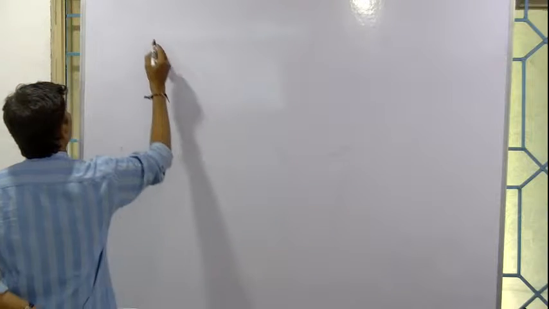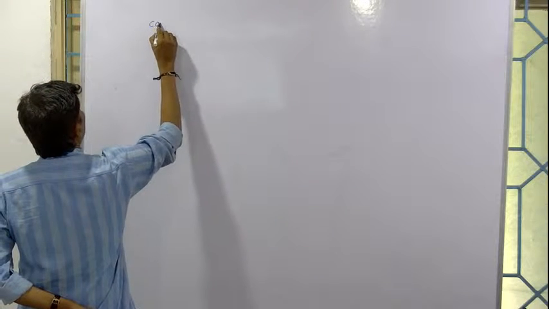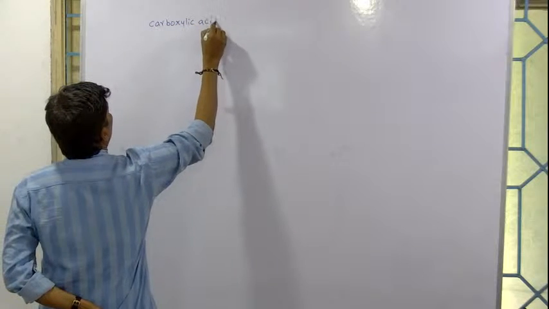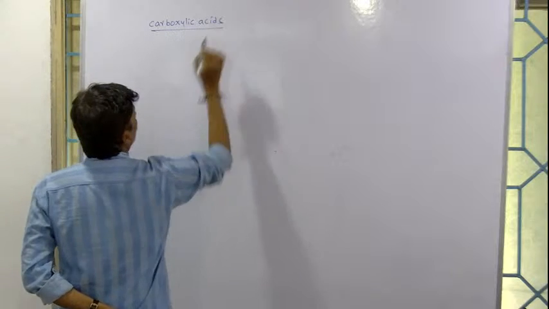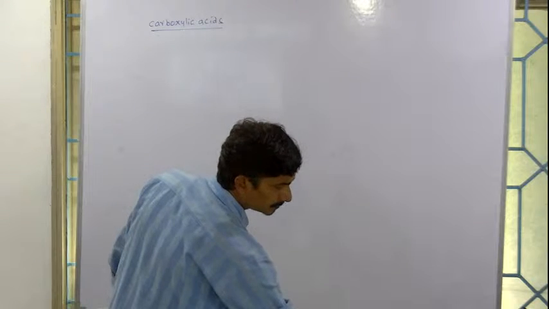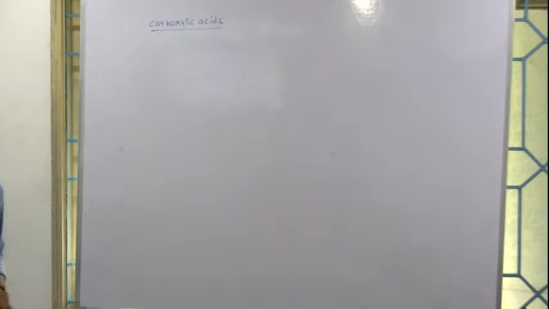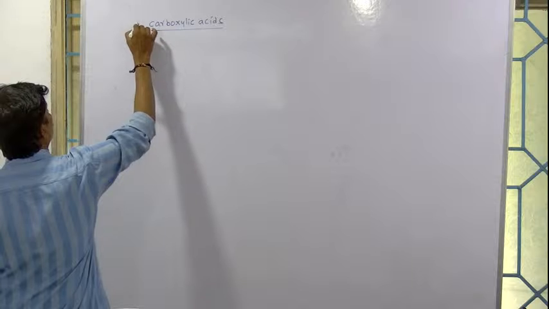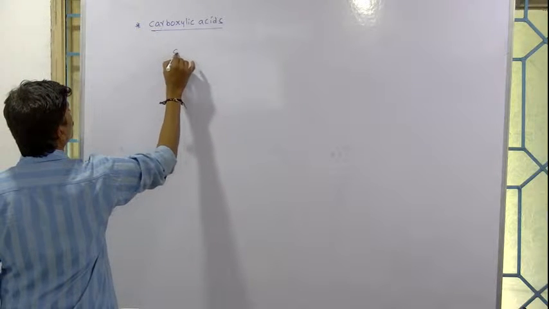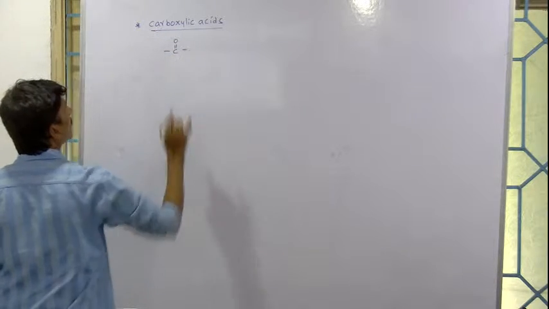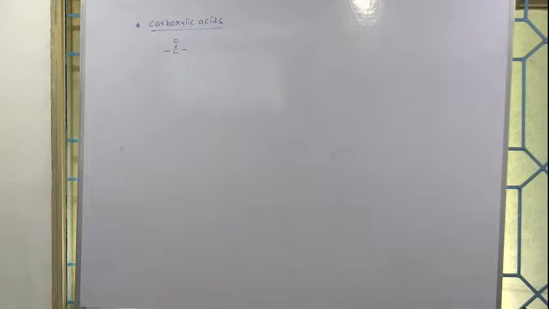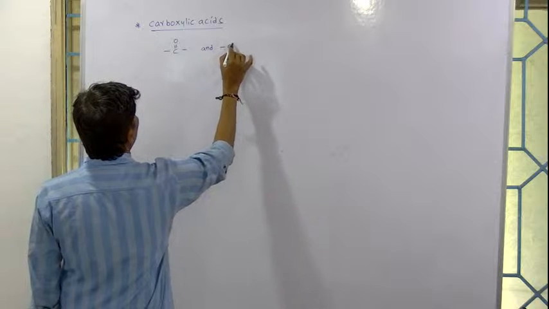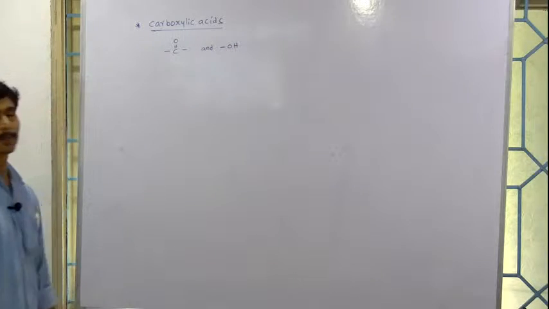So next come to the carboxylic acids. Generally, carboxylic acids are the organic compounds which contain the carbonyl function group and hydroxy function group.